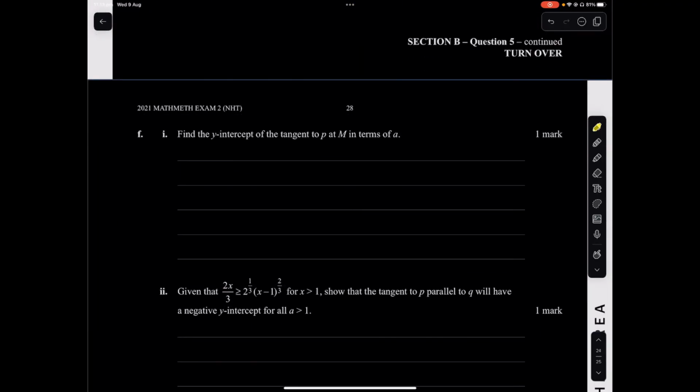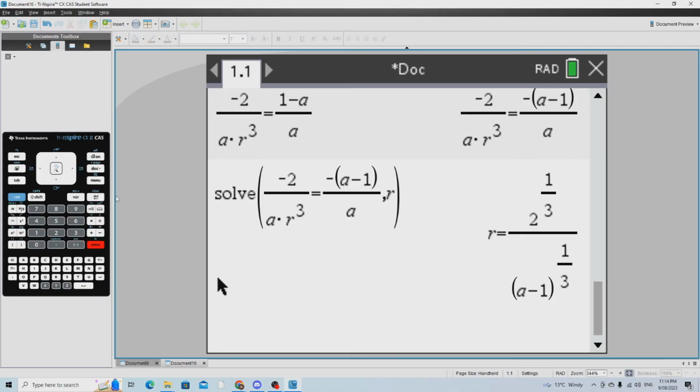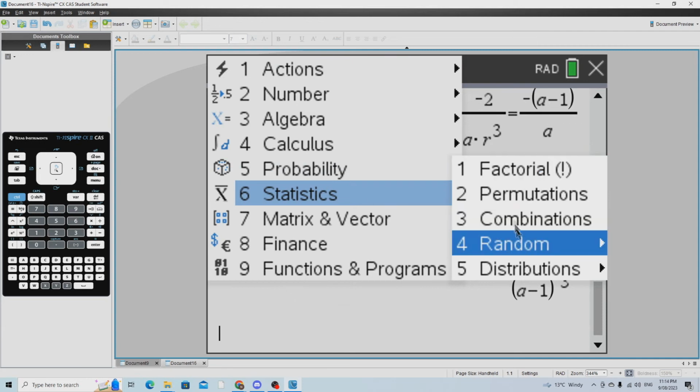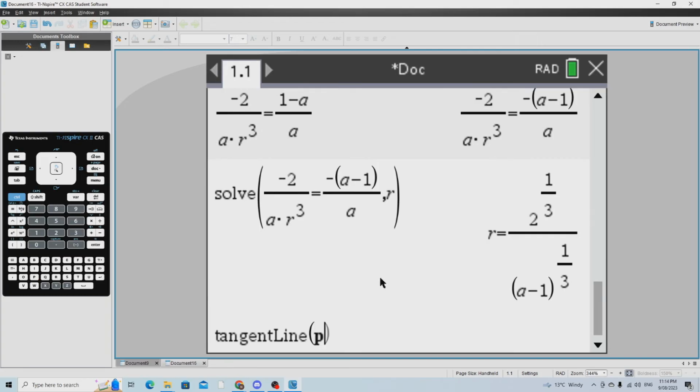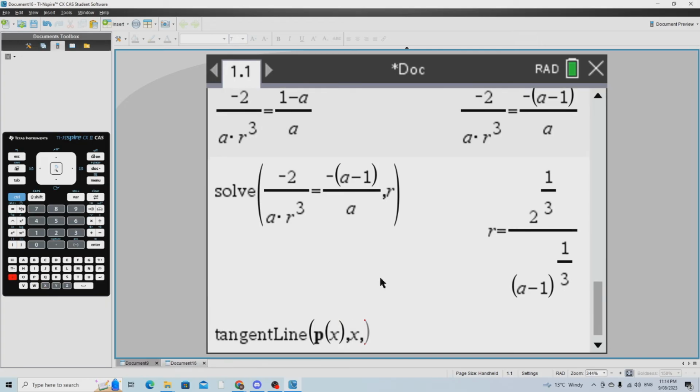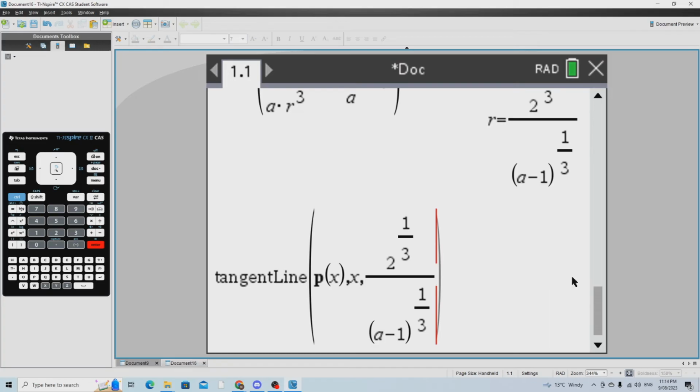Find the y-intercept of the tangent to P at M. Okay, so very easy. We have it over here. So what we can do is go menu, calculus, tangent line of P of x, comma x, comma this function over here.